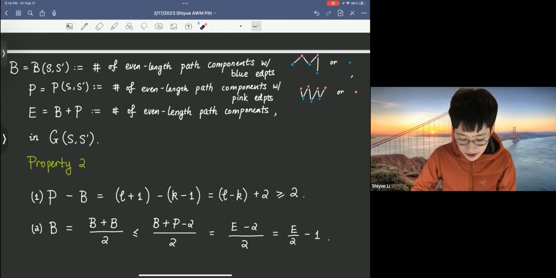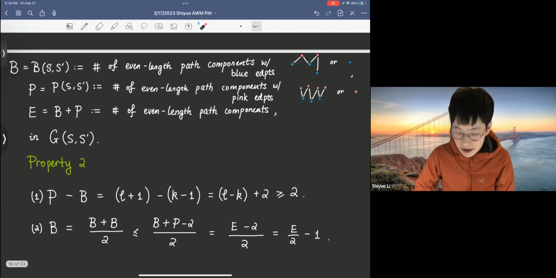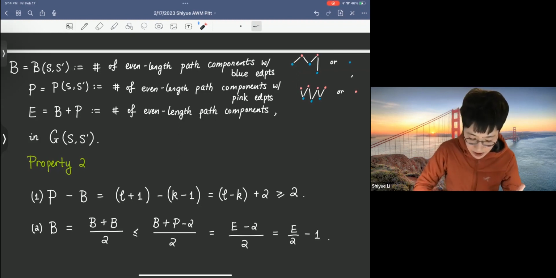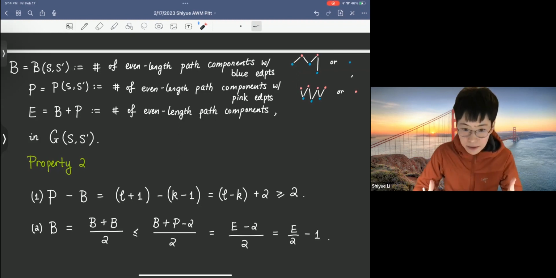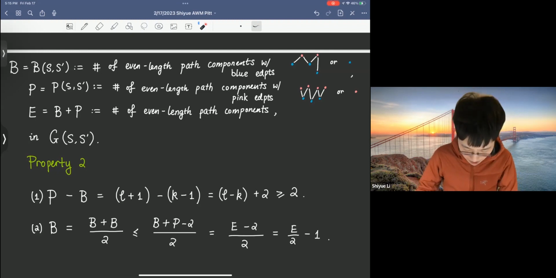The other components all have even size, so they contribute the same number of blue vertices and red vertices. The only situation where a component contributes to that discrepancy comes from the components that we're looking at on this current page.